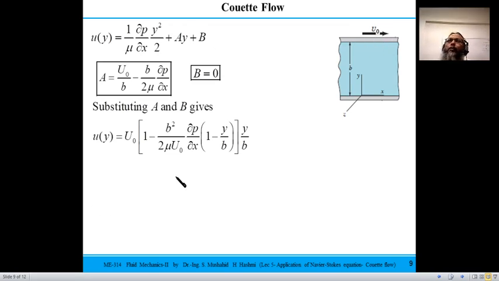So you need to make this your habit. Whenever you solve something and get a certain equation, you must check whether it is satisfying your boundary condition. In most fluid flow problems, if you solve some equations, you get certain results. You must check whether your results are meaningful with respect to the boundary conditions which you have employed in order to get the result.